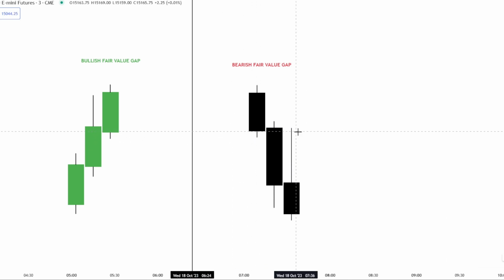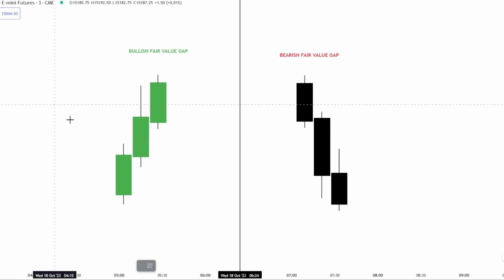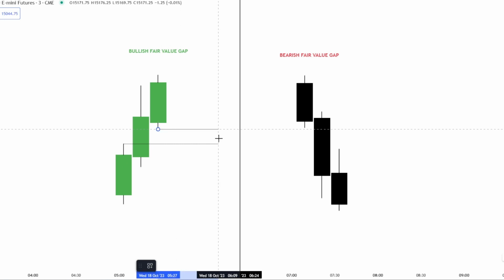There's no fair value gap, no inefficiency. And on a bullish fair value gap, you have exactly the same. You take the highest point of this candle and the lowest point of this candle, and if the two are not overlapping, you have a fair value gap. And that is basically all it is.